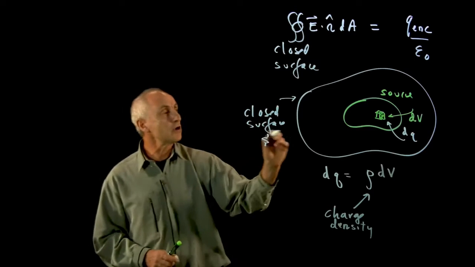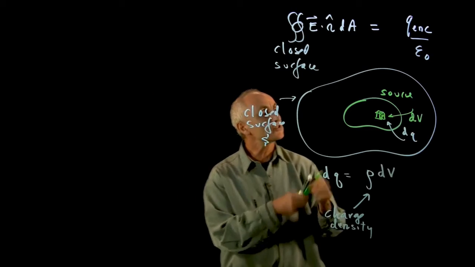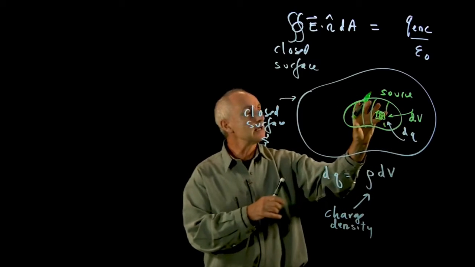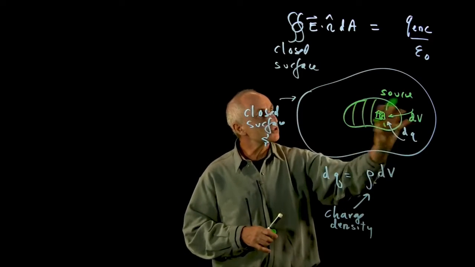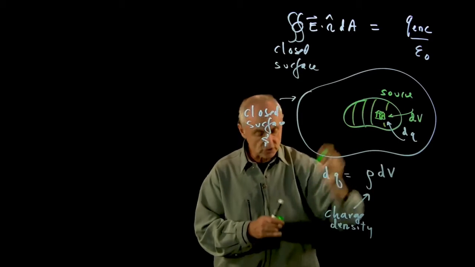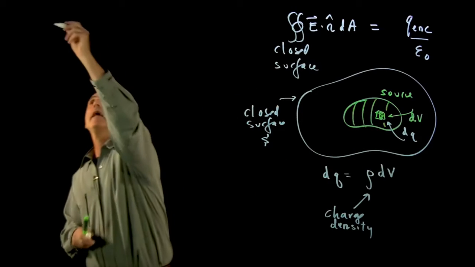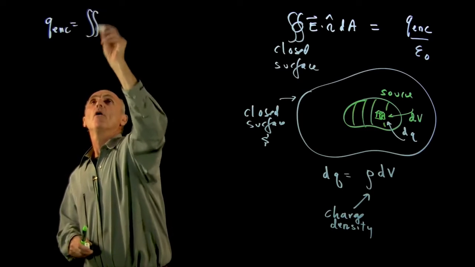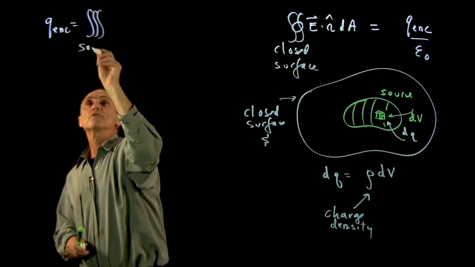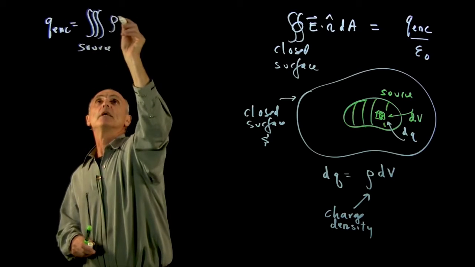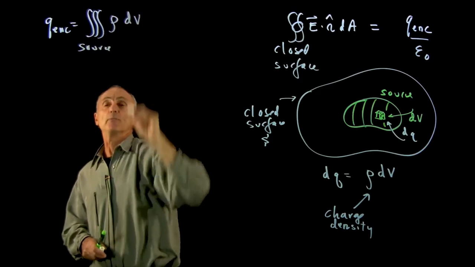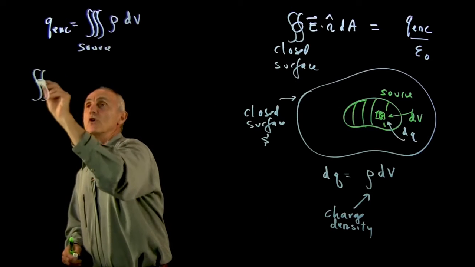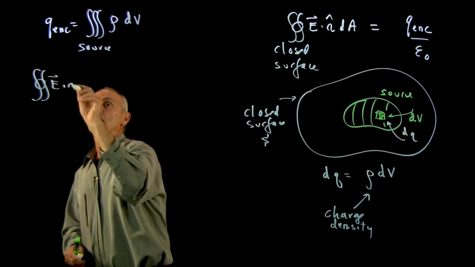And so when we talk about the charge that's enclosed in the Gaussian surface, here's our source. The charge enclosed is just the integral over the source of the density times the volume element. And our Gauss's law now looks quite complicated.